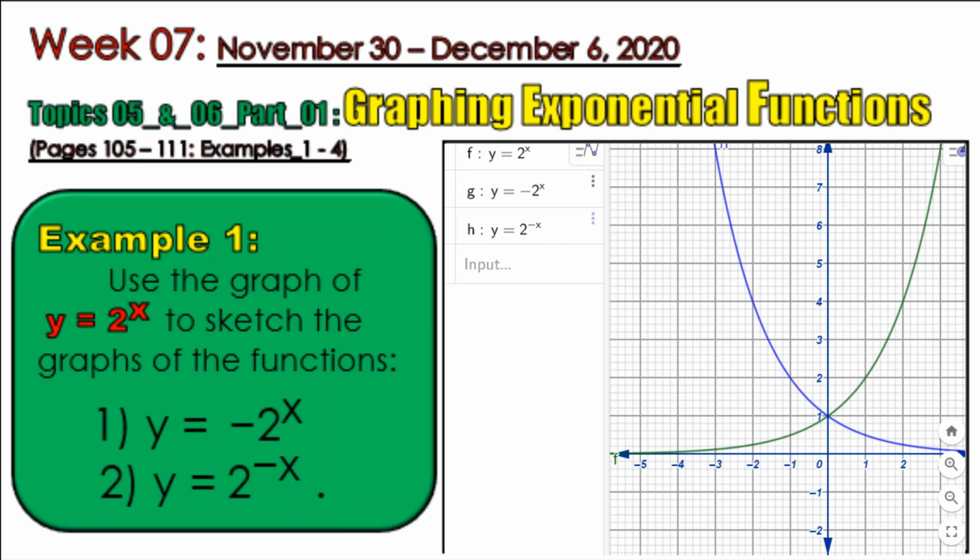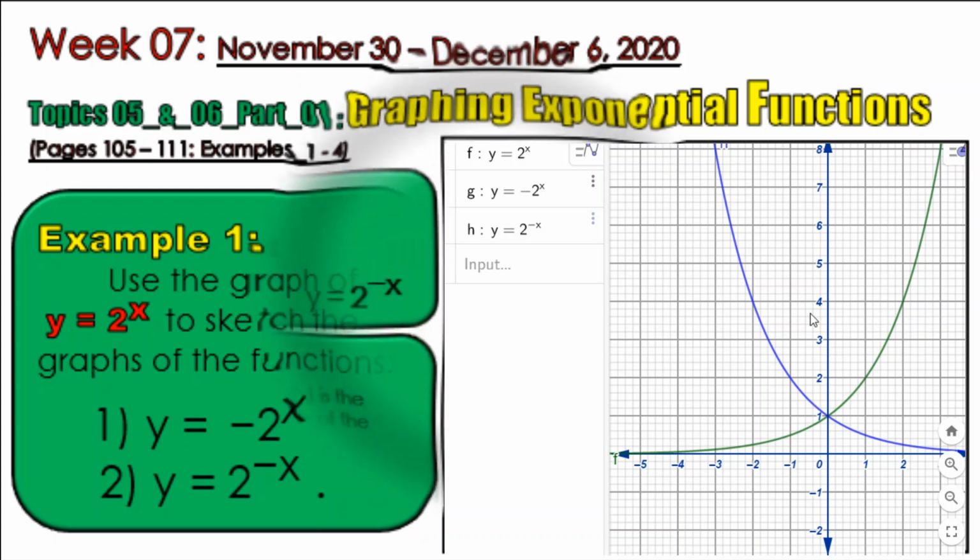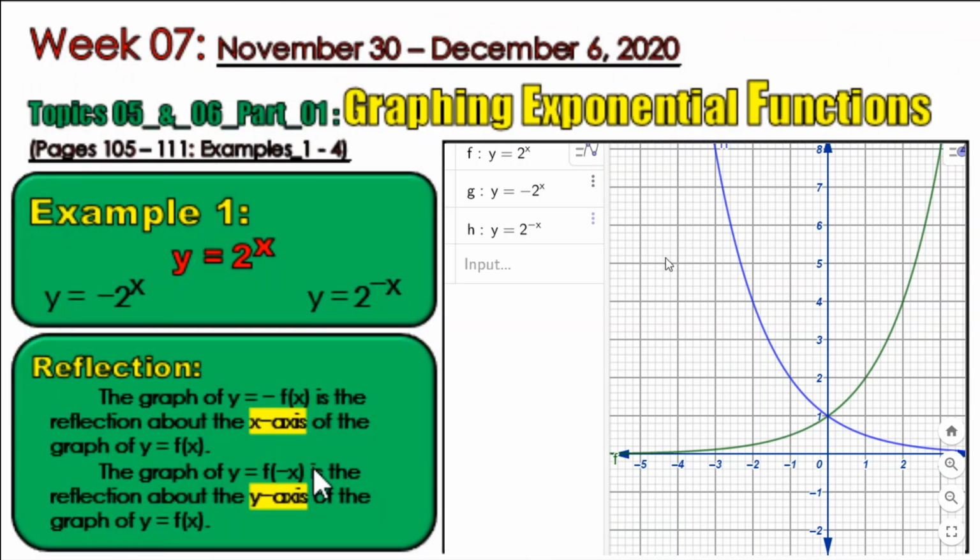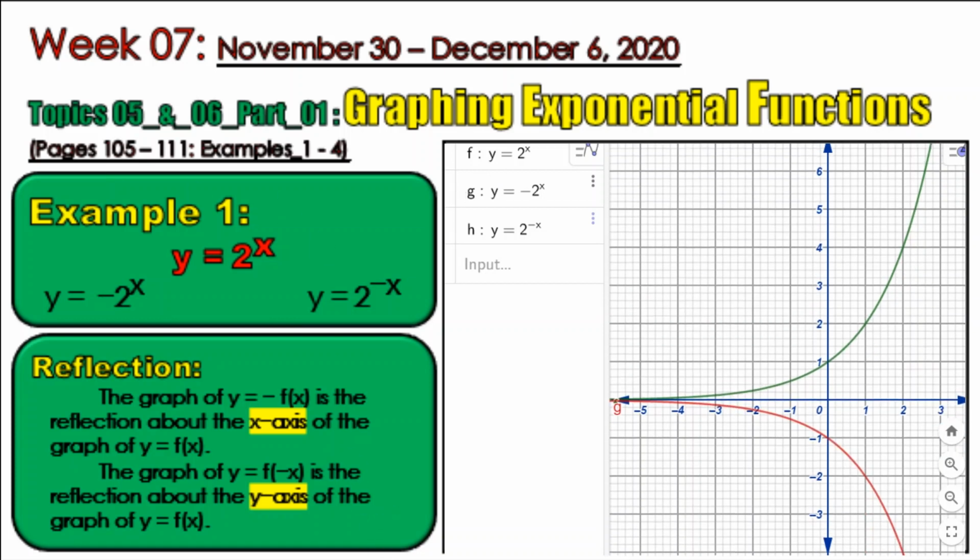Okay, so let us discuss more about this. For the first pair of our functions, the graph of y is equal to negative f of x is the reflection about the x-axis of the graph of y is equal to f of x. So take a look at the graph of this first pair of functions.